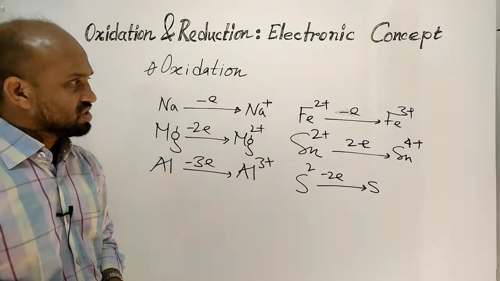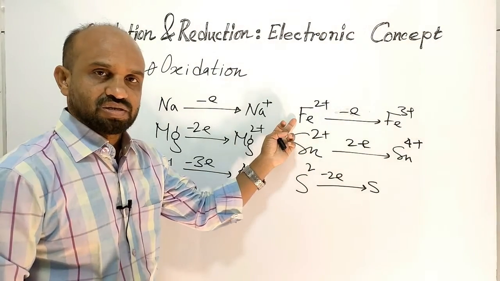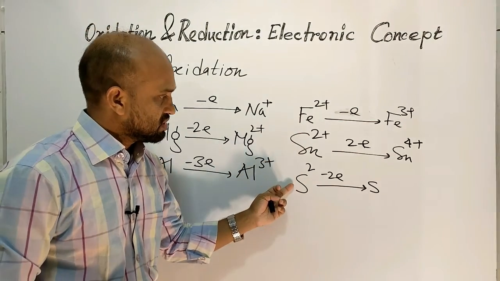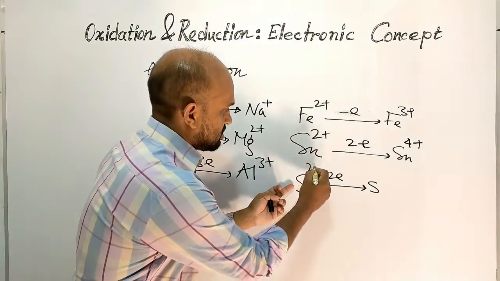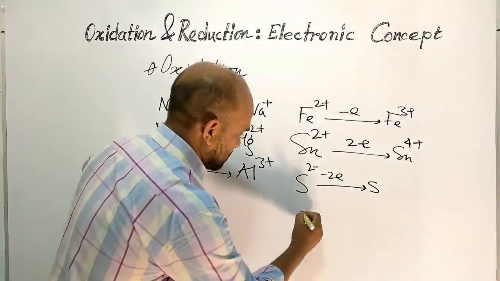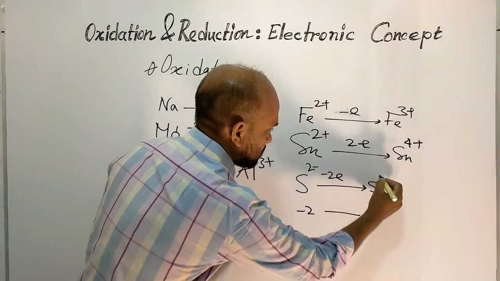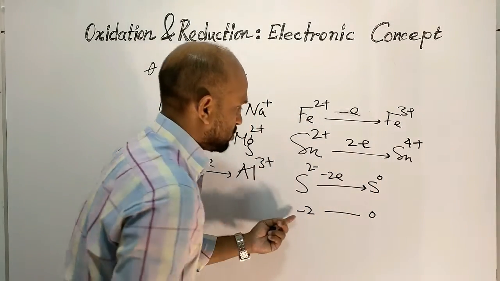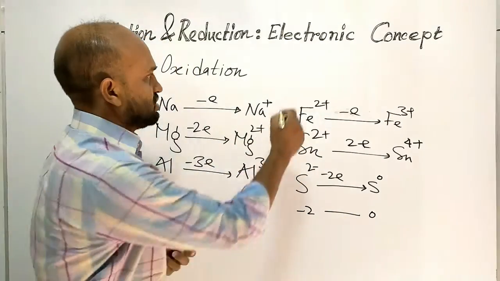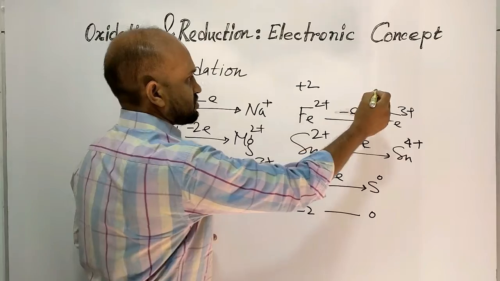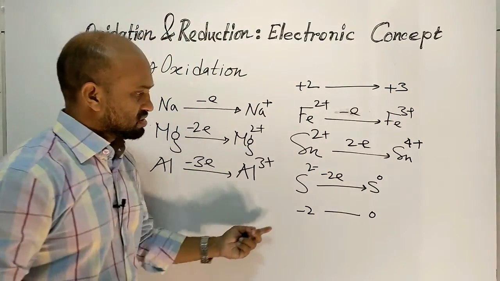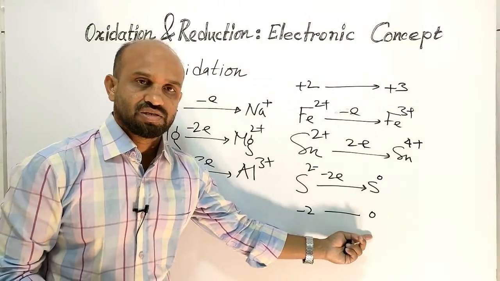In oxidation process, positive charge at the element increases and negative charge decreases. Here, negative charge 2 minus becomes 0, so negative charge decreases, and positive charge here plus 2 and here plus 3, so positive charge increases and negative charge decreases.